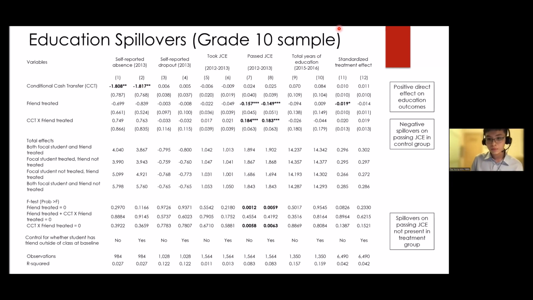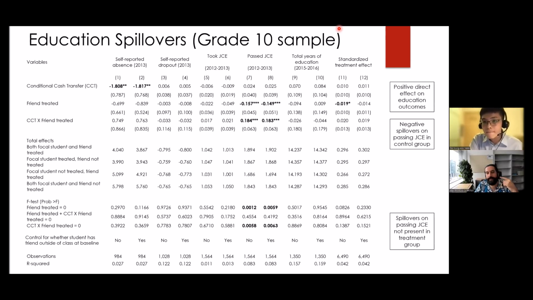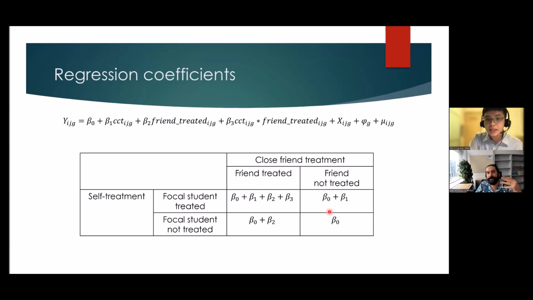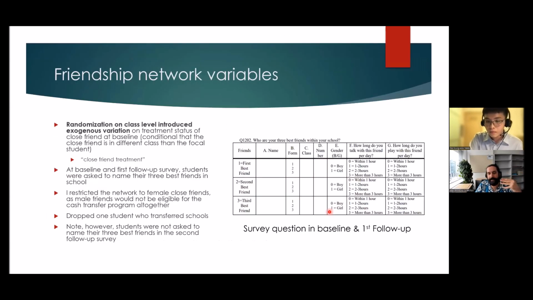I would like to ask, so here each student needs to say who their best friend is. They can only name 3 people, right? Yes. So have you tried different specifications, for example, whether both of them say that they are on the best friend list, or whether one says it's a best friend but the other not?